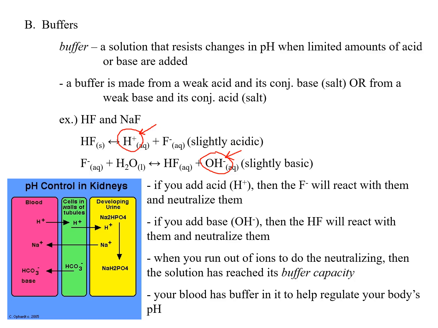You think, well, I know I've eaten oranges before and not died, so how does that work? Well, your kidneys actually have a buffer system built in where they can regulate the amount of H positives and OH negatives that are in your bloodstream, no matter what you eat. Now, is it possible that you could overcome the buffer system of your body? Yes.